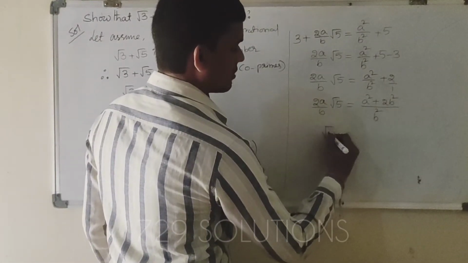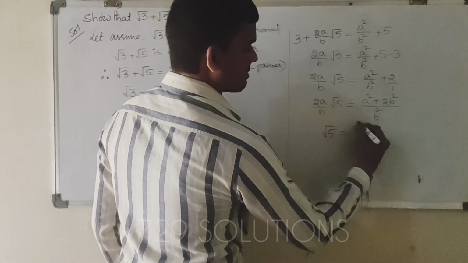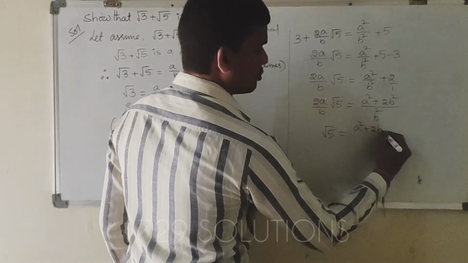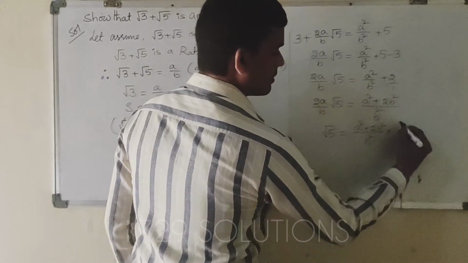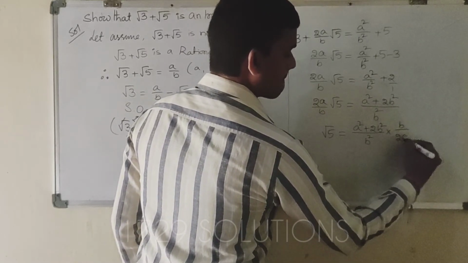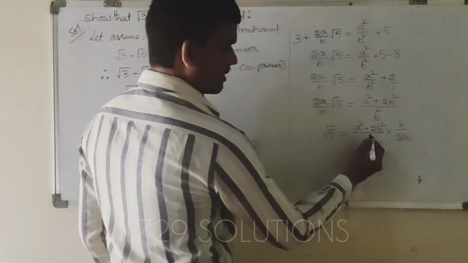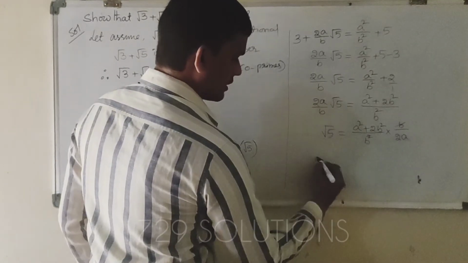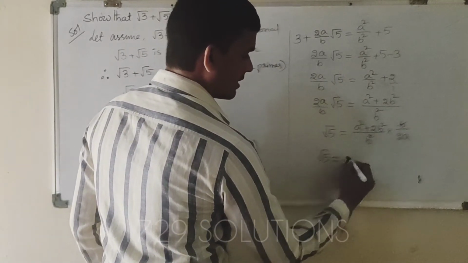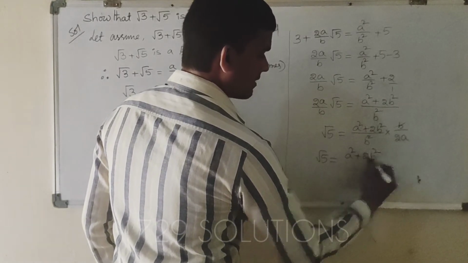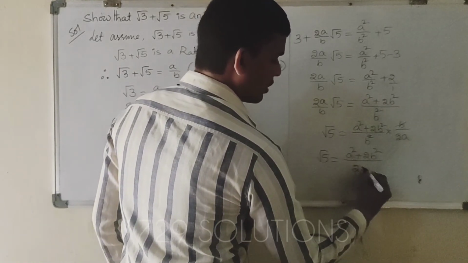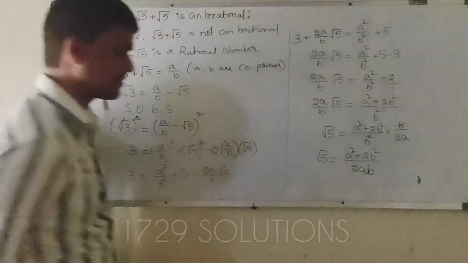It becomes the reciprocal: a square plus 2b square by b square into b by 2a. There is one b that cancels. So at the end, root 5 can be written as a square plus 2b square by 2ab.